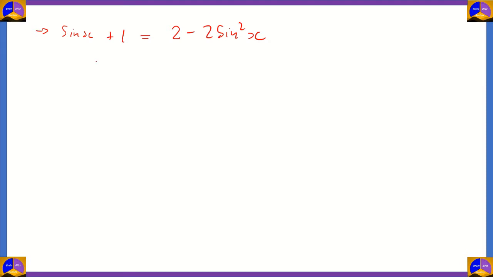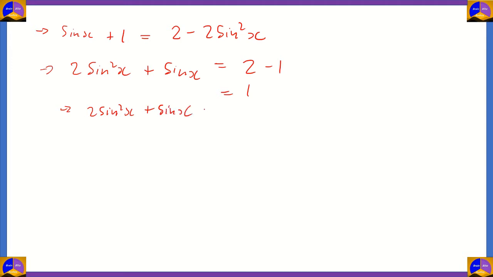So let's take 2 sine square x to the left hand side. So it's 2 sine square x plus sine x gives 2 minus 1, which is equal to 1. So therefore 2 sine square x plus sine x minus 1 gives you 0.